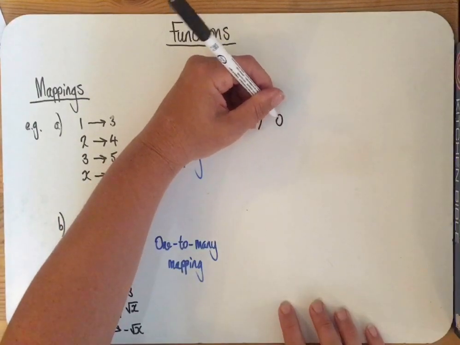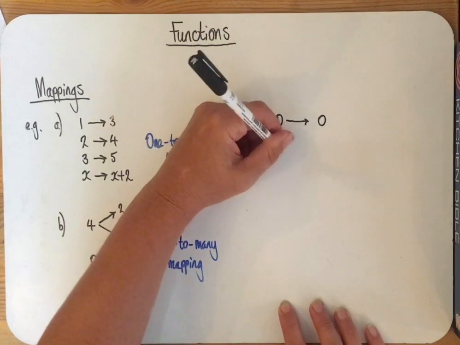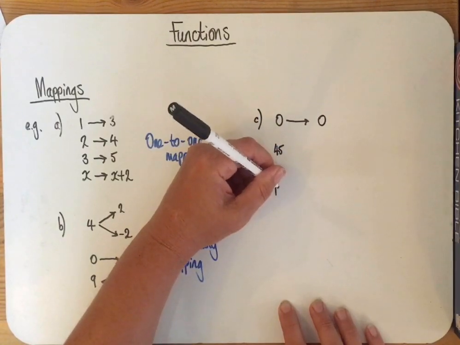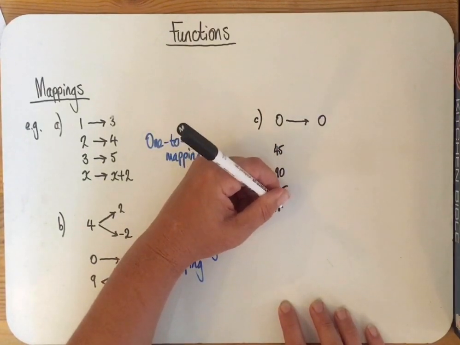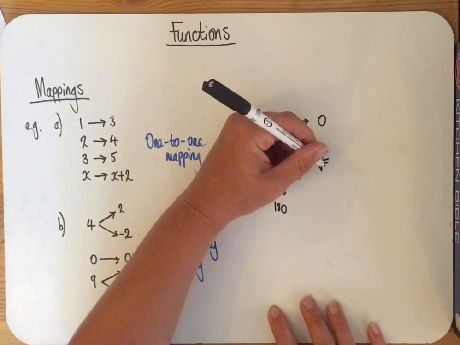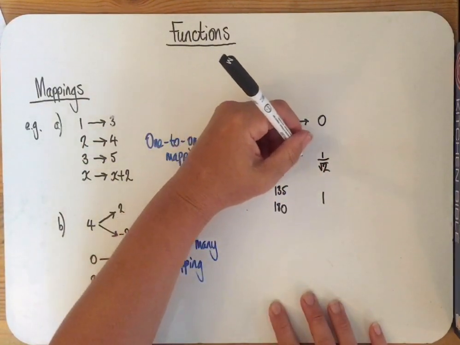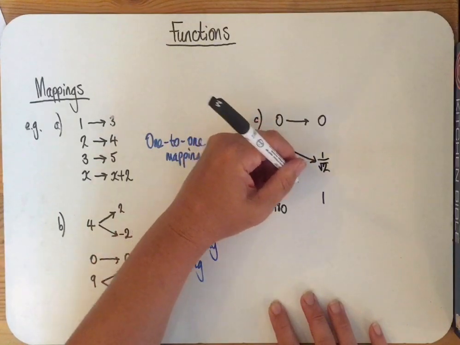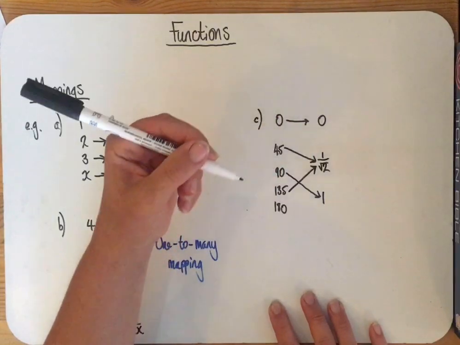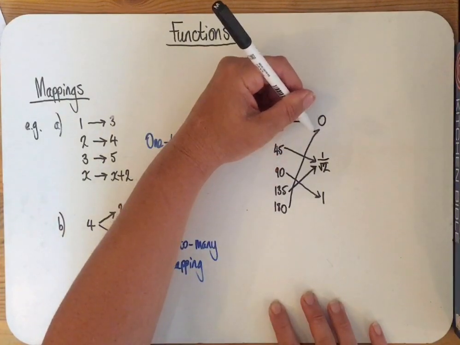So let's try a different one. 0 is going to go to 0, 45, 90, 135, 180. So 45 is going to go to 1 over root 2, 90 is going to go to 1, 135 is going to go to 1 over root 2, and 180 is going to be mapped up to 0.